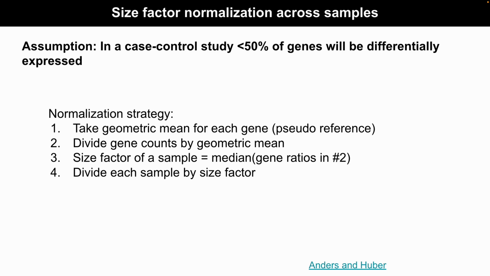No. Okay. So is this part clear, like why you're creating the pseudo reference? Okay. Now, when I divide this number with respect to this pseudo reference, this is a measure of how much overexpressed or underexpressed my gene is. So you see a number of 1, you see 1 by 3, you see 1. Now I'm saying that for 50% of the genes you should not see any change, in the sense that they're not differentially expressed.